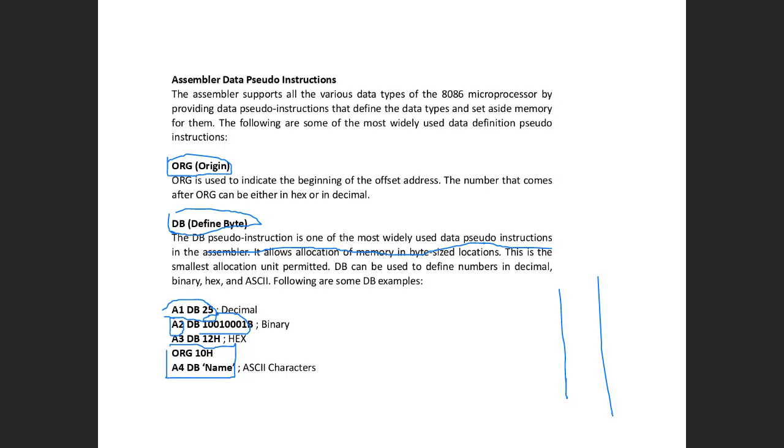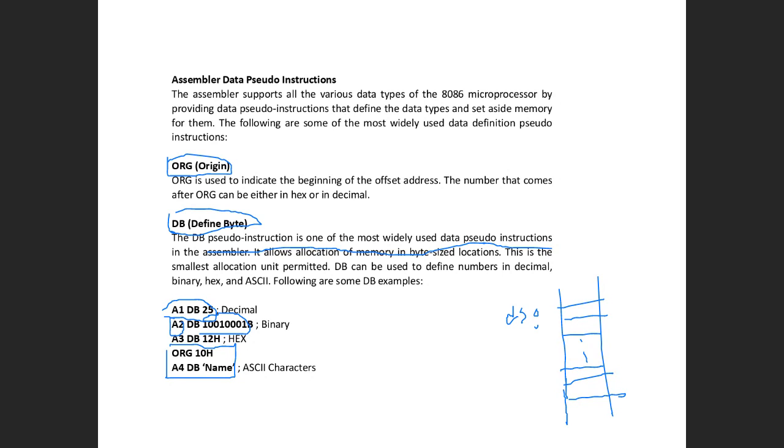the next variable will take the memory location starting from 10H. For example, we have some memory locations here. So here it is DS.